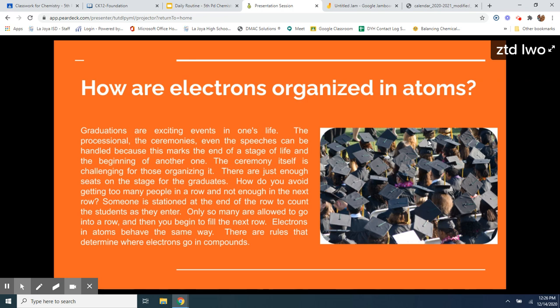That's a big boo boo, right? So there's a person there to tell you, hey, this row is full. You need to start the next row, because there's only a certain amount of seats per row, and once you've met that capacity, you need to go into the next row.